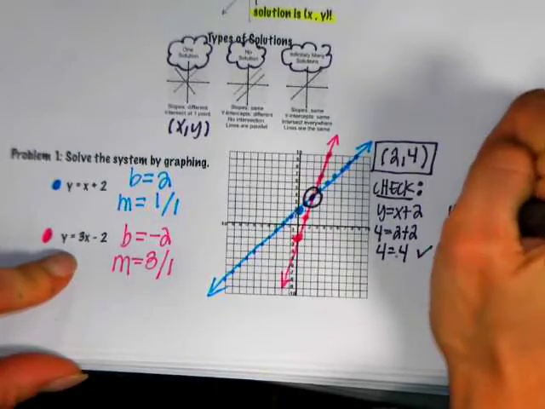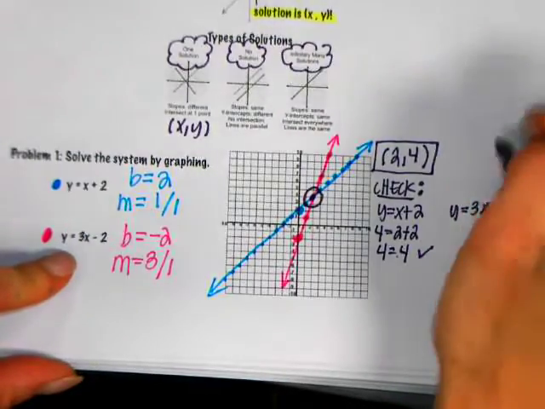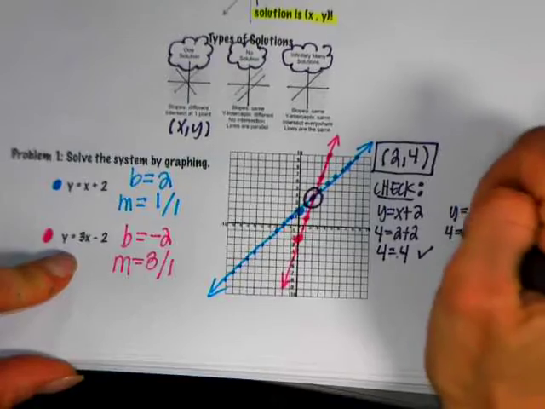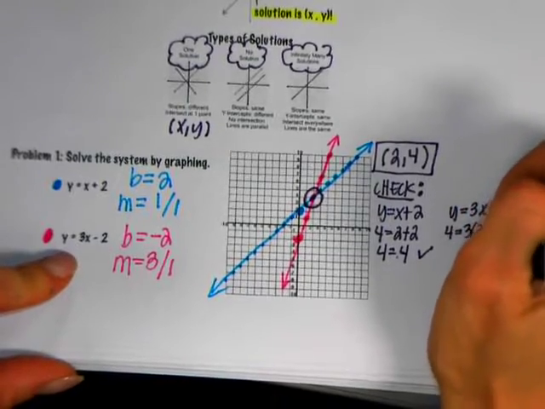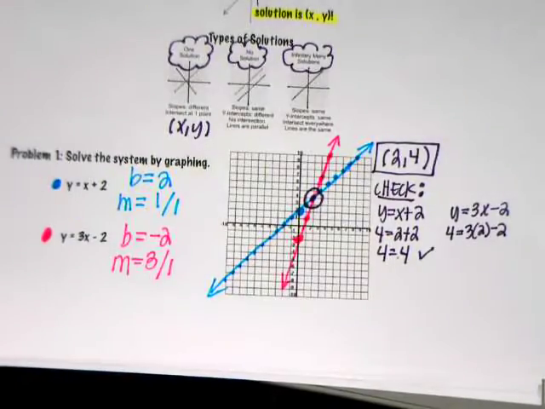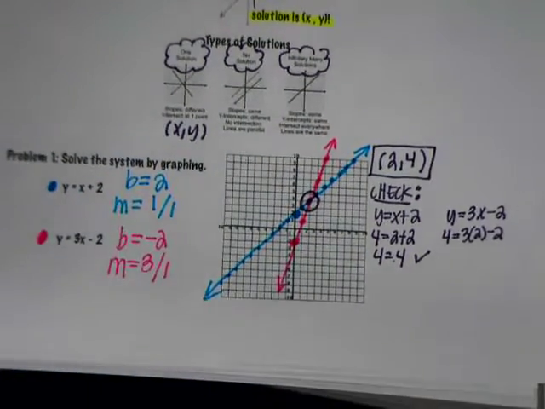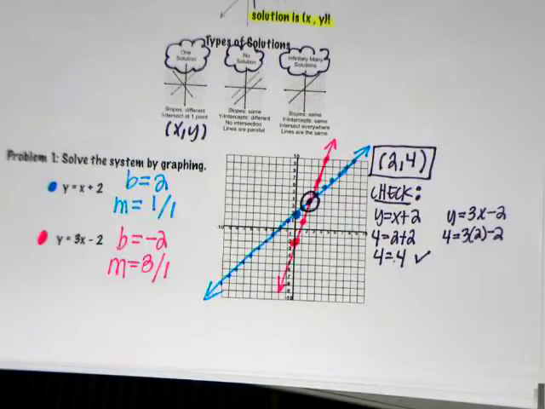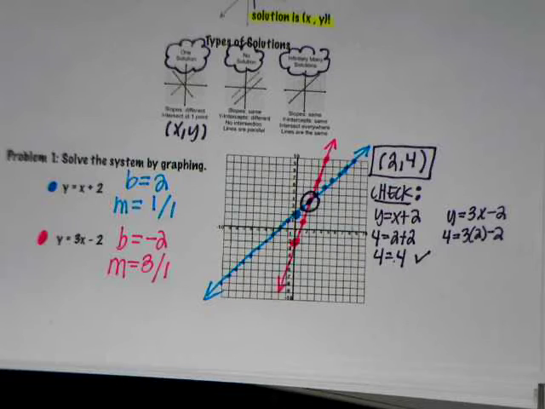So then check the second equation, y equals 3x minus 2, plug in the x and y: 4 equals 3 times 2 minus 2. Go ahead and figure out what that would equal.